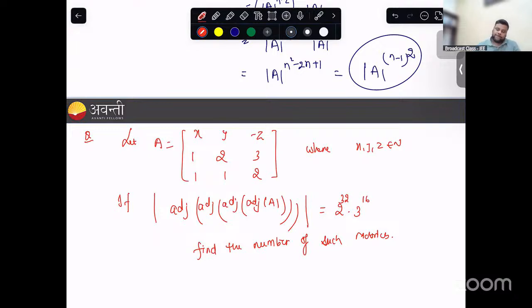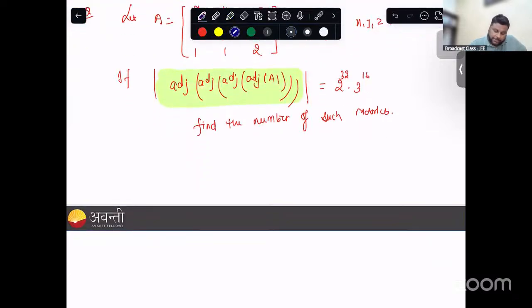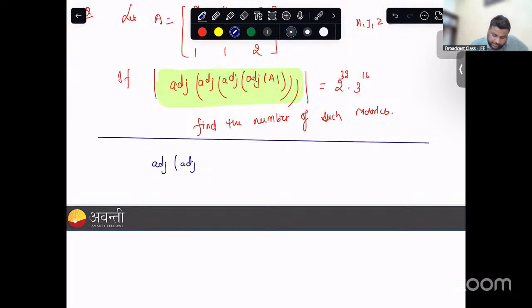Now see, first of all, let us understand this. The property behind it is: the determinant of adjoint of adjoint and so on of A is determinant of A to the power n minus 1 whole square.